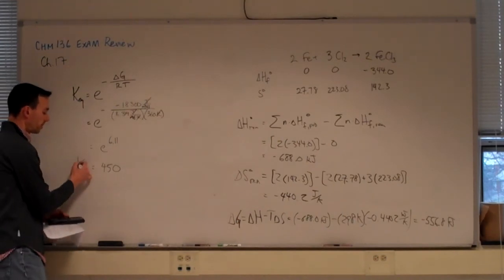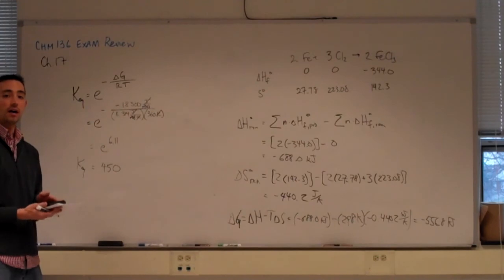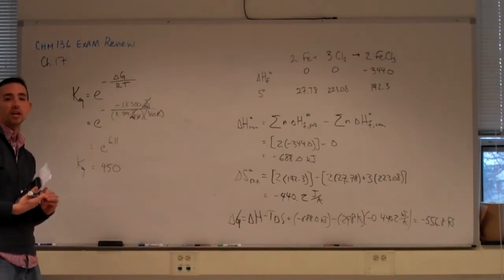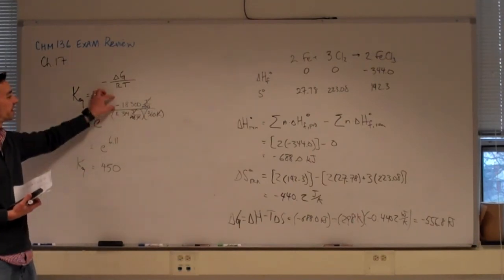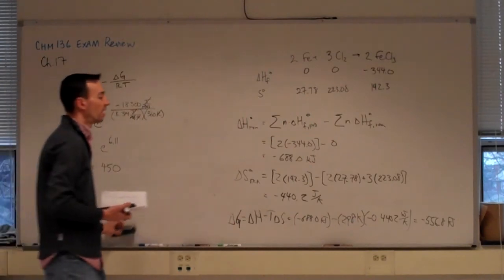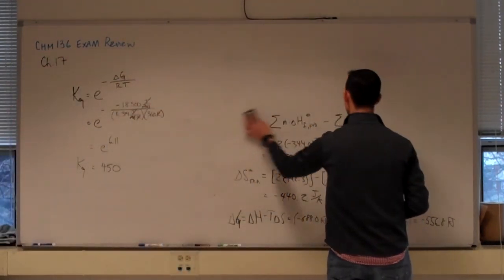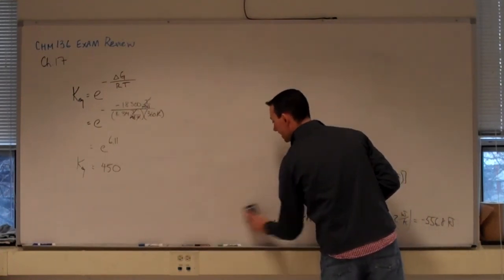So this is our equilibrium constant, KEQ. Still, it's a fairly big equilibrium constant. It's bigger than 1. So this is a product favored reaction with a big equilibrium constant. And that also agrees with the idea that this was a negative free energy change. So it's a spontaneous reaction, a system that will move from its reactant side to its product side.